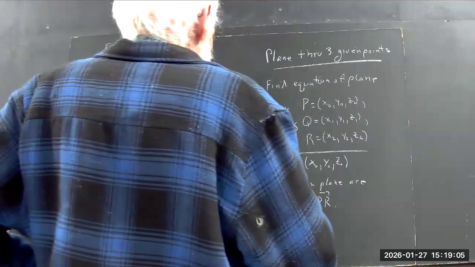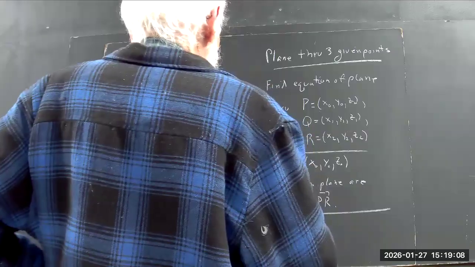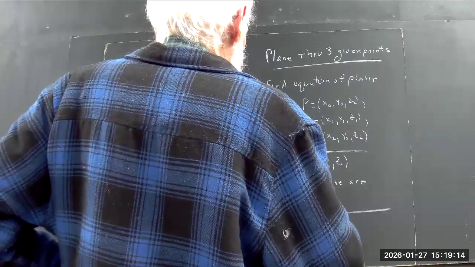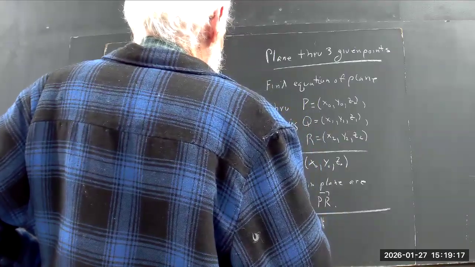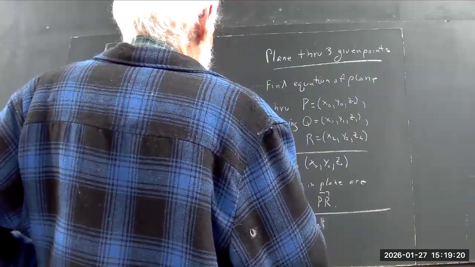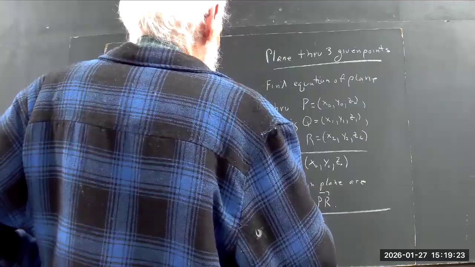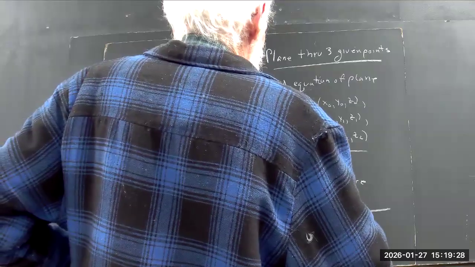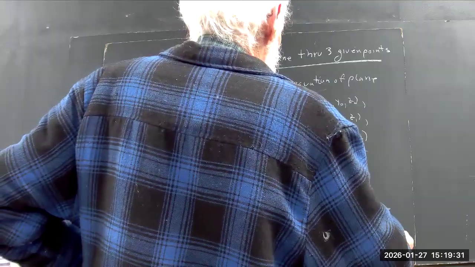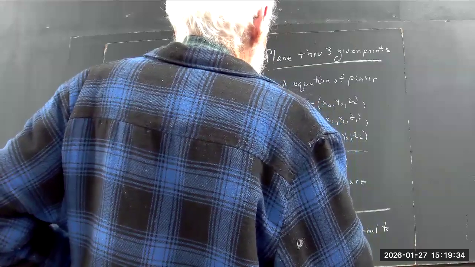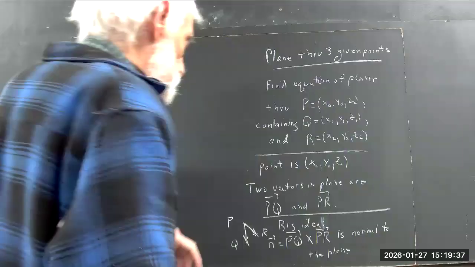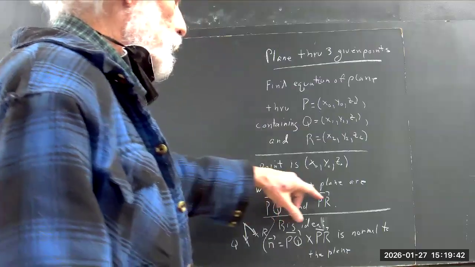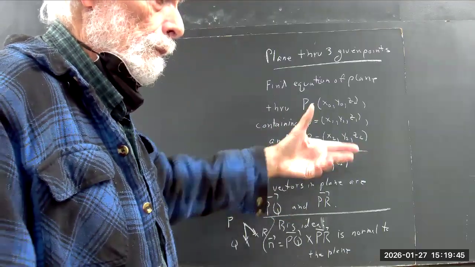So I'm going to say, big idea, real idea: vector n equals PQ cross PR. In other words, just take the components of these two vectors and do the cross product.